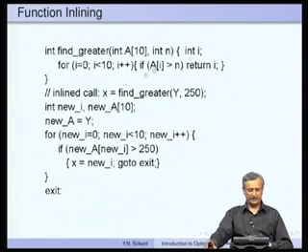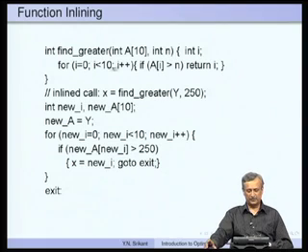In the place of the i that we have here, we have declared a new i, and in the place of this array a, we have a new array called new a. We begin with new a equal to y. And then you iterate: new i equal to 0, new i less than 10 and new i plus plus.